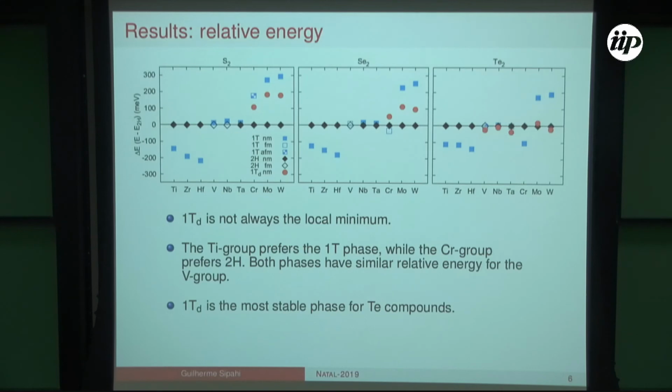Our results for relative energy are presented here for the sulfides, selenides, and tellurides. When we started, we thought that 1T-prime would be the most stable phase, and these results show that is not always the case.